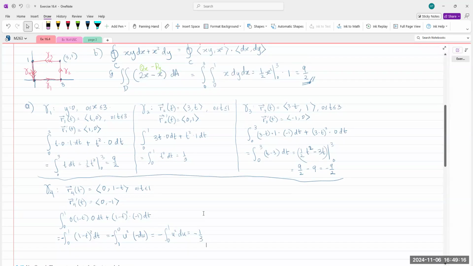I'm sorry, I think I might have made some mistake. Oh, here I made a mistake. It's xy, and then it should be x squared here, x squared dy. So this should be 0 squared, which is a lot easier. That is just 0. My bad. So this equals 0.